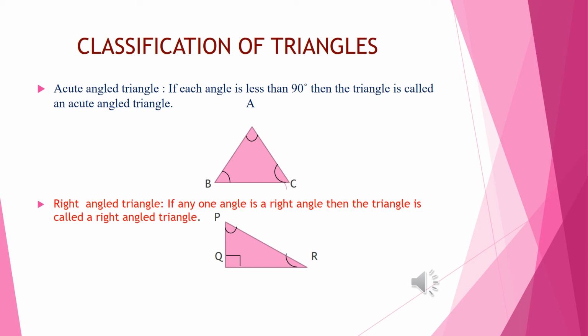So in the example, triangle PQR is a right angle triangle with the right angle at Q. Since there is a right angle in this triangle, it is called a right angle triangle. Hope you all understood what is an acute angle triangle and what is a right angle triangle.